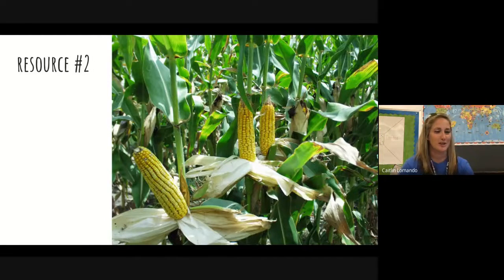Here's our next resource. This resource is actually considered 2 different resources. So remember, plant, animal, mineral, fossil fuel. Can you guess which 2 this one is? If you guess plant, you're right. This is corn. What could corn be used for? Do you know what other resource this is? This is a tricky one.